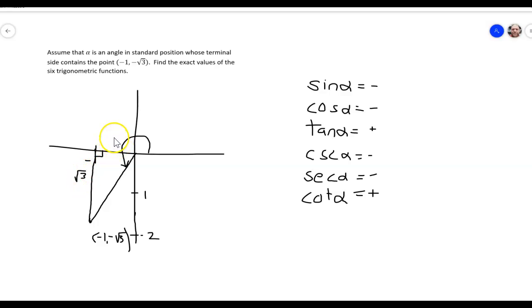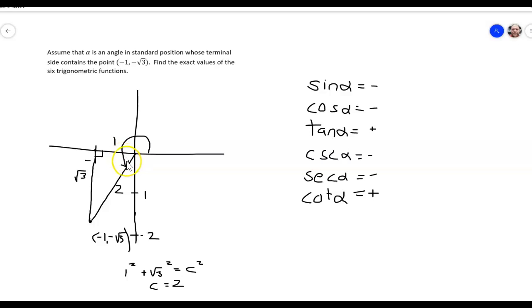This side is going to be length 1, and I can use the Pythagorean theorem to find the length of the hypotenuse. 1 squared plus √3 squared is equal to c squared. So 1 squared plus √3 squared is 4, so c squared is equal to 4. So c is the square root of 4, which is 2. So this side ends up being 2.